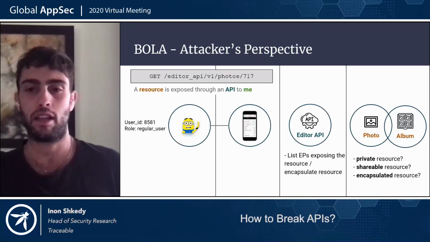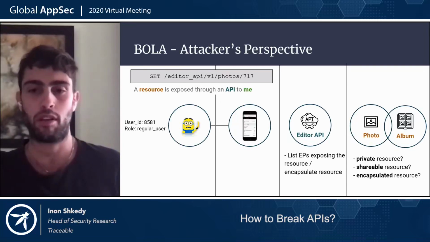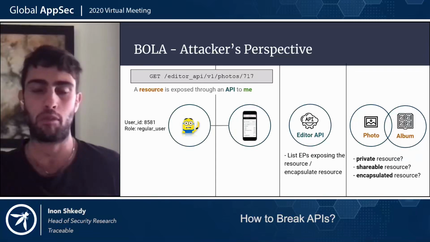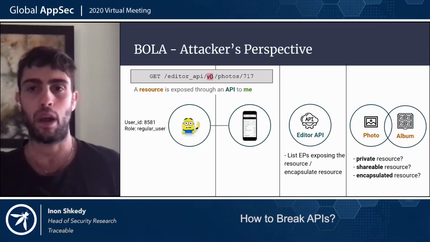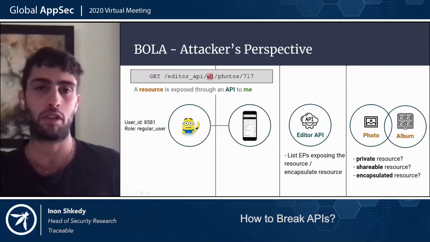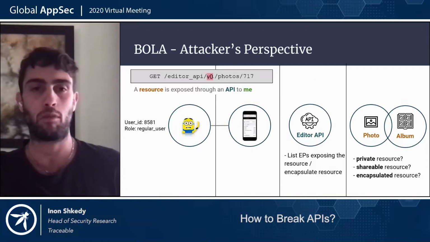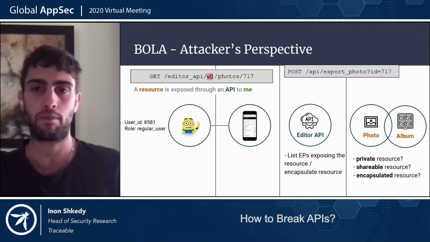And you should list all the API endpoints that access the resource or the encapsulated resource. Let's see how we can do it. For example, what we can do is to change the editor API/v1 to editor API/v0. This is a different API input that is potentially vulnerable to BOLA.